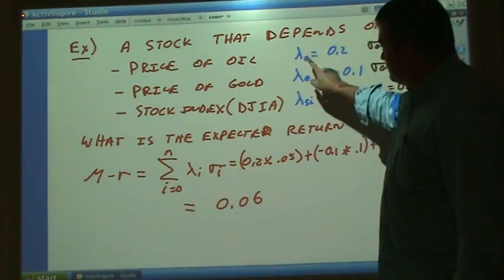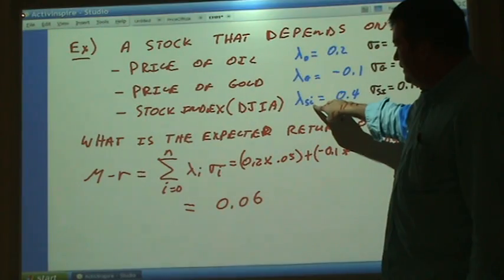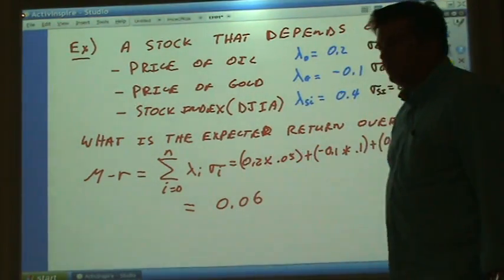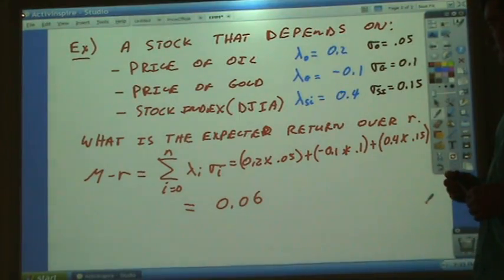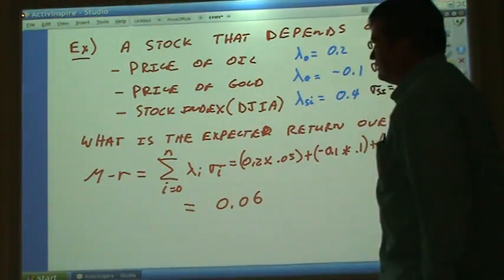Each of these individual values has its own market price of risk, and from that we can figure out what the investors are trying to get on top of the interest rate, and then from that we can figure out what the stock price should be today.